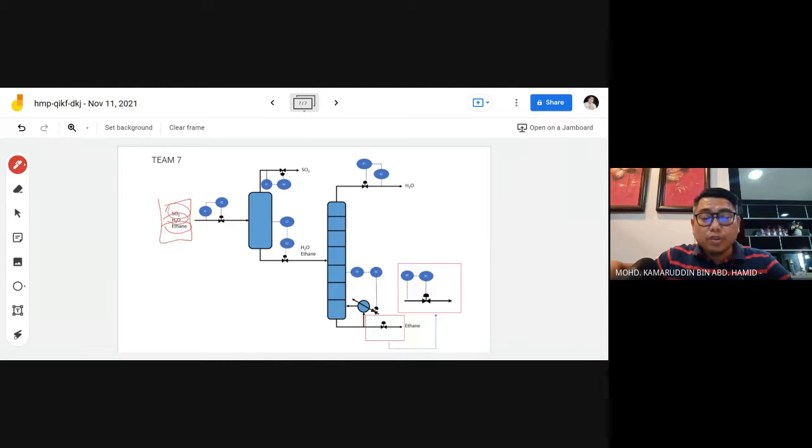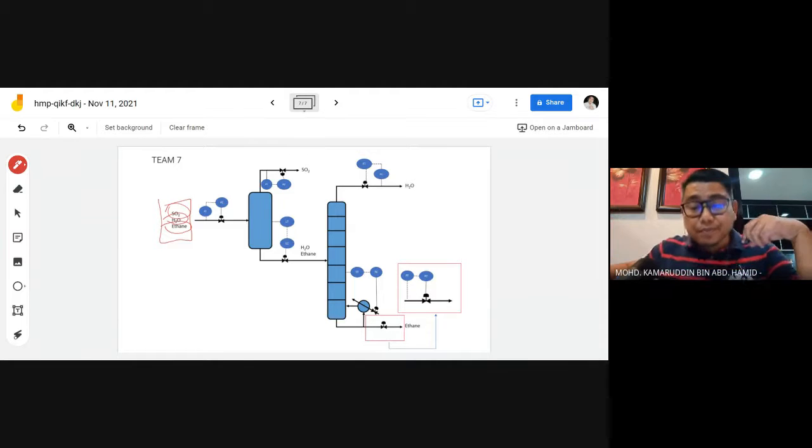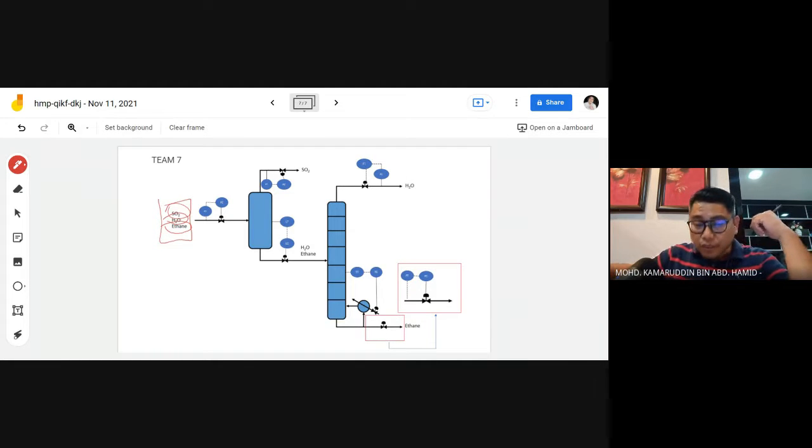Especially if the water already become a vapor, in a certain condition that it can be a vapor, then you have H2O also in the vapor. So vapor in the vapor phase, reaction happen in the vapor phase, then reaction will happen. Sebab tu, if you want to avoid it, make sure that water should be in the liquid phase, not in the vapor phase. Otherwise, it will react with the SO2, then sulfuric acid will form.